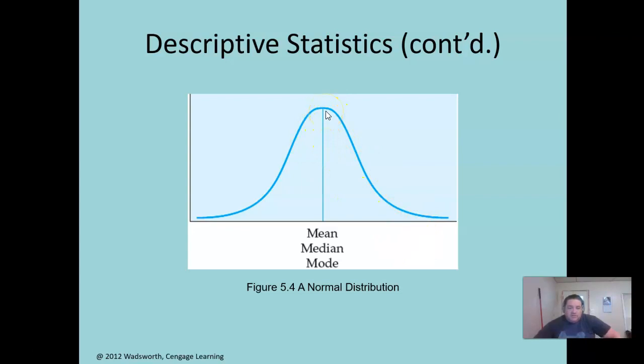This theoretical construct is what we go by to see if things are within a certain probability of happening, okay? And then we have our downslide over here towards the positive end. So this is the negative end, this is the positive end. In the normal distribution, the mean, mode, and median all happen at the same place.